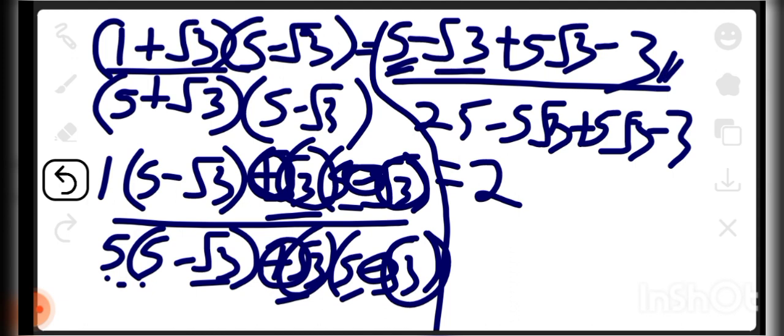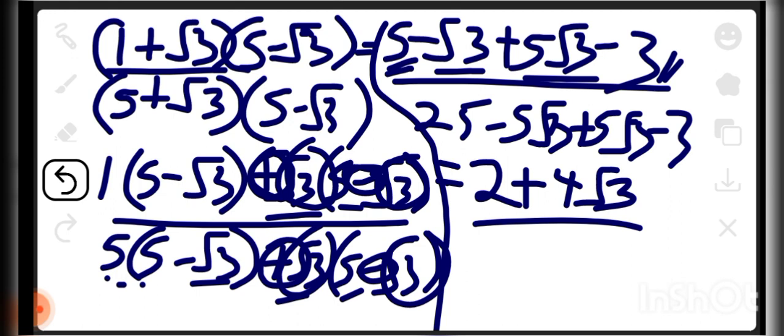Then minus root 3 plus 5 root 3, that will give us plus 4 root 3. Then over 25 minus 3, that is 22. Minus 5 plus 5 will give us 0.